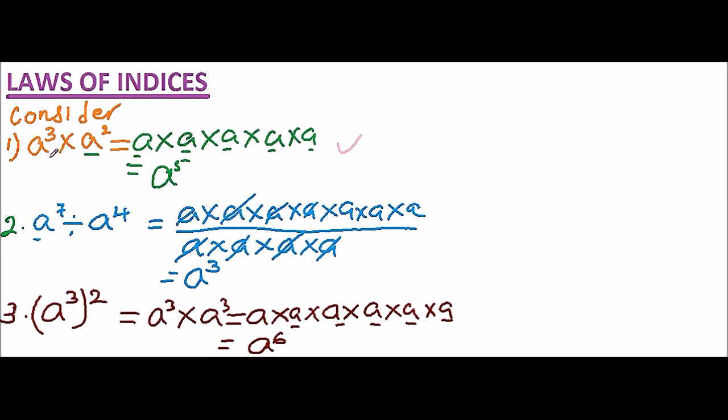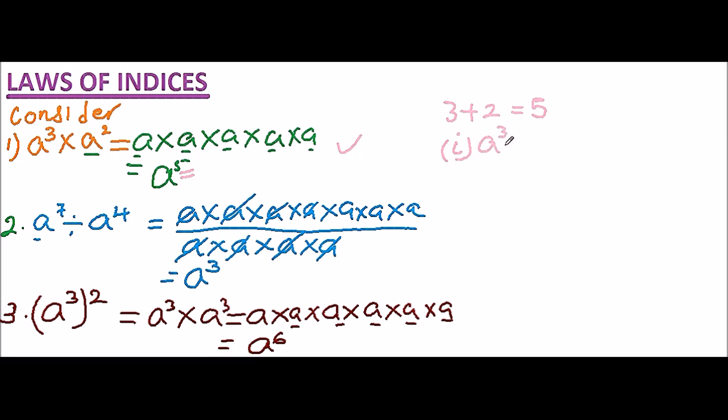If you look at 3 and 2, when we are multiplying, 3 plus 2 gives you 5, which is the final index in this case. Therefore, we can conclude the first row of indices.